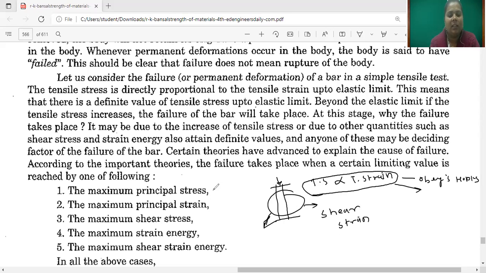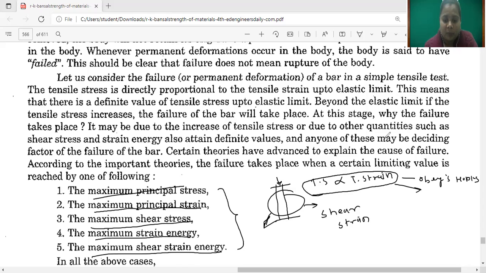So in that there are a total of 5 theories. First one is maximum principal stress theory. Second one is maximum principal strain theory, then maximum shear stress theory, maximum strain energy, and maximum shear strain energy. If our bar is beyond the elastic limit, that means this particular bar does not obey Hooke's law.